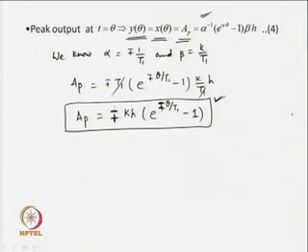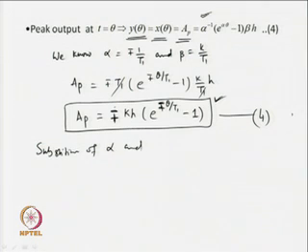Now, after obtaining this one, let me give this the equation number 4. Again, substitution of the same alpha and beta in equation number 3 will result in, what is equation number 3?